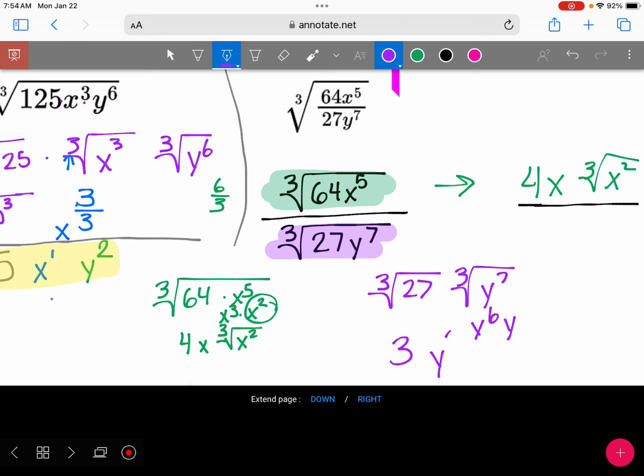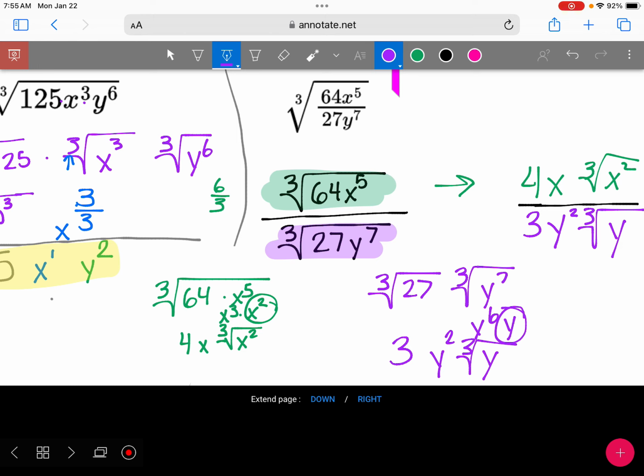And notice that we get y squared outside, and we have a leftover y who's got to stay inside. So we have 3y squared cube root of y.